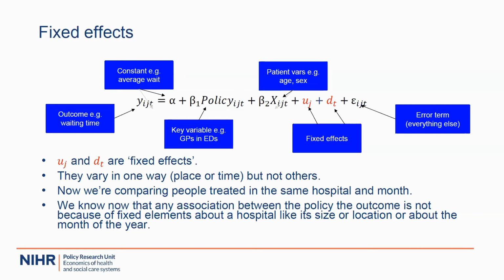So we have two more terms here, and the thing to really focus on with these extra terms, what kind of gives away what they're doing, is their subscripts, those little letters again. So we've got U, with just J, so no I and no T. So this is something that only varies between hospitals, and D with just the subscript T, so something which only varies over time.